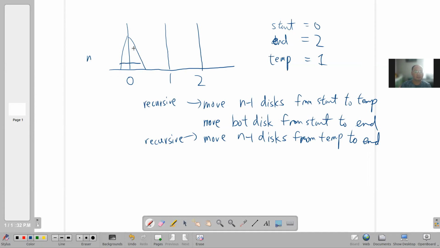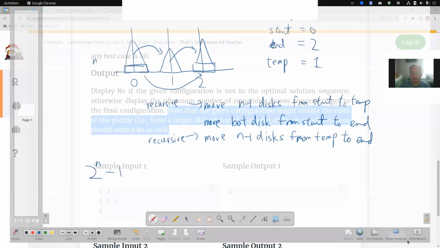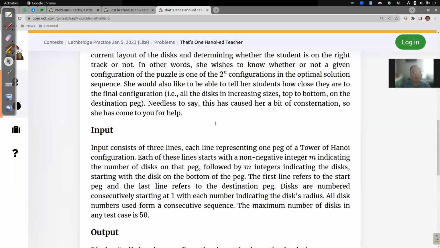So you somehow recursively move the top n minus 1 disks to here. Then you move this bottom disk to here. And then you move this to here, and that's how you're done. And the total number of steps, if you do it this way, is 2^n minus 1, if I remember. Right, it says that right somewhere, right?